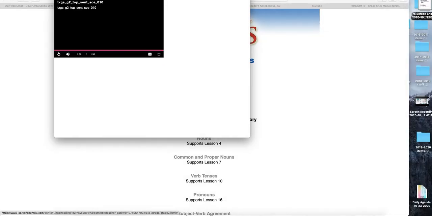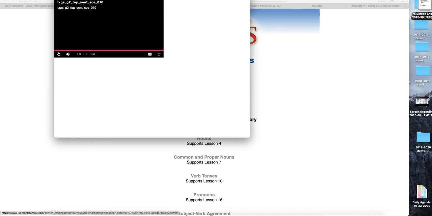Okay, so today we're going to focus mostly on commands and exclamations. Commands are when somebody is telling you to do something like sit down or clean your room or go get your jacket. Those are commands. Exclamations is when somebody is showing usually some kind of feeling like wow or ah or holy smokes.